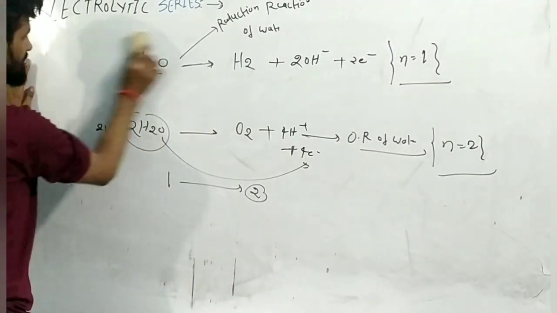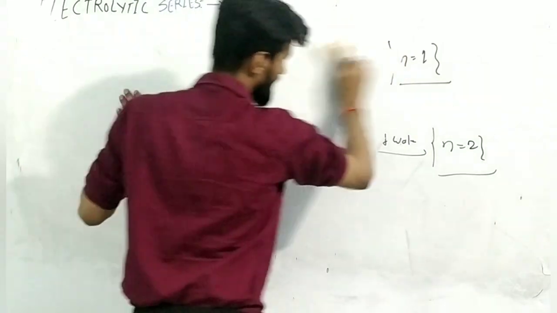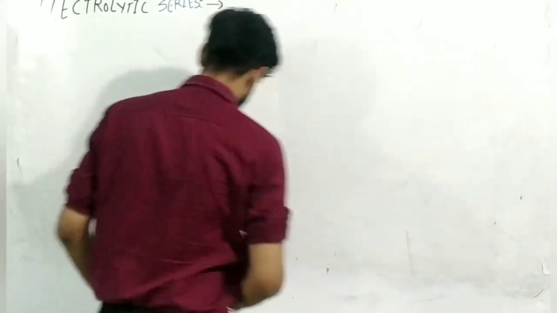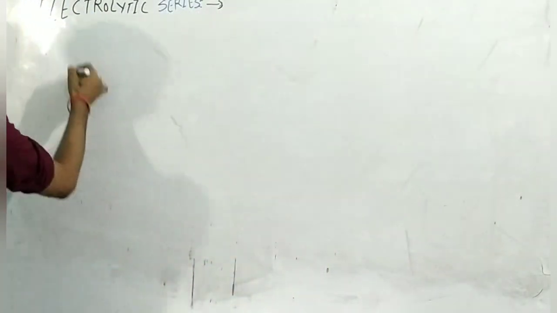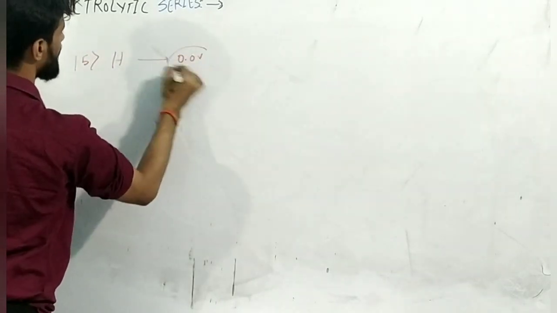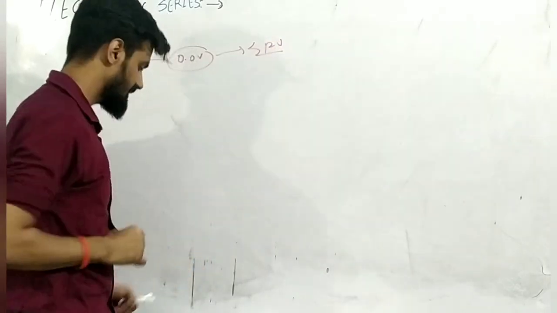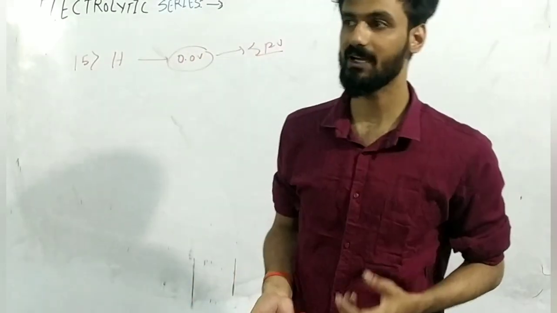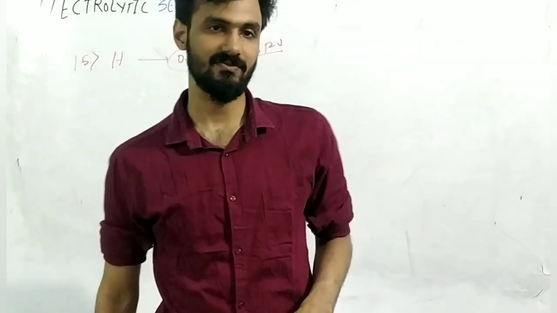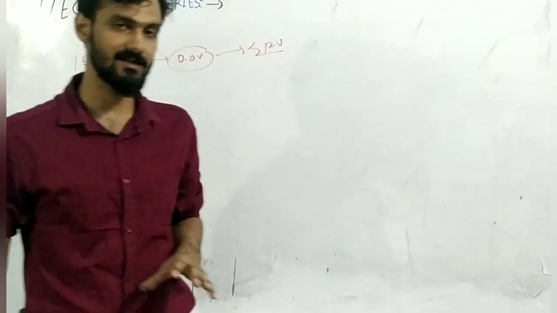Now H2: in the electrochemical series, I have written hydrogen at number 15, having 0.0 volt of standard reduction potential. Before hydrogen in the electrochemical series, all the metals, all the substances from 1 to 15, will have a negative standard reduction potential.